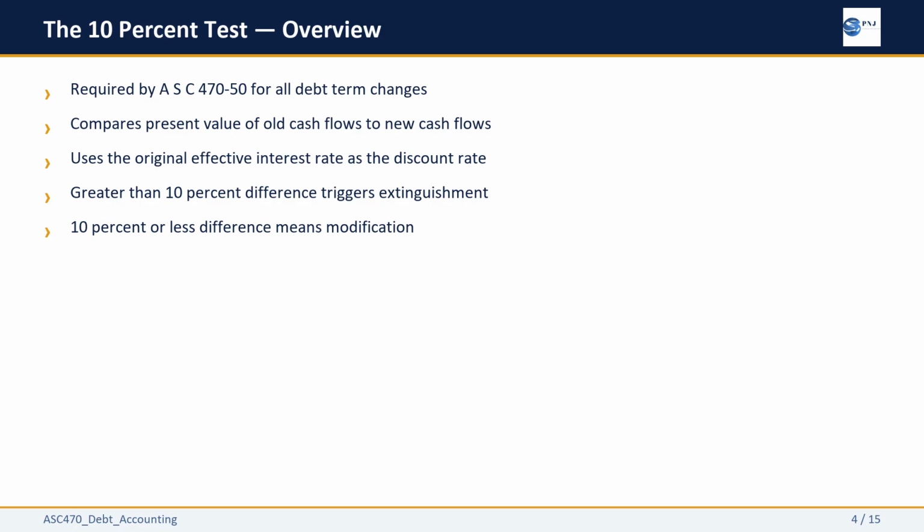The threshold for substantially different is 10%. Most people assume the test compares interest rates or principal amounts, but that is not what happens. It compares present values of future cash flows, discounted at the original effective rate. That distinction matters, especially when your debt has fees, discount, or premium baked in.